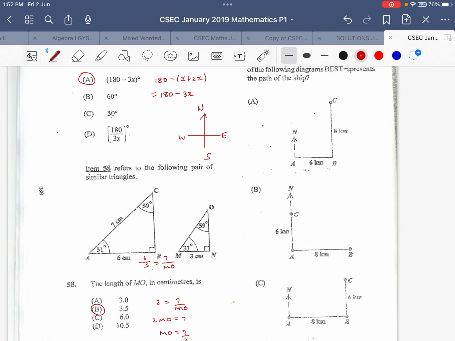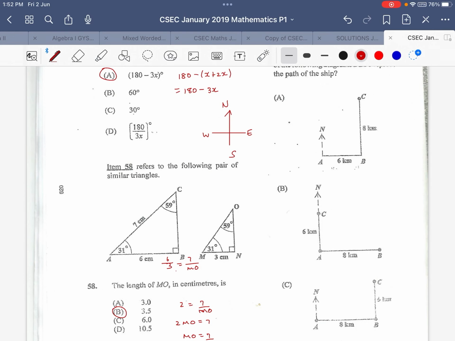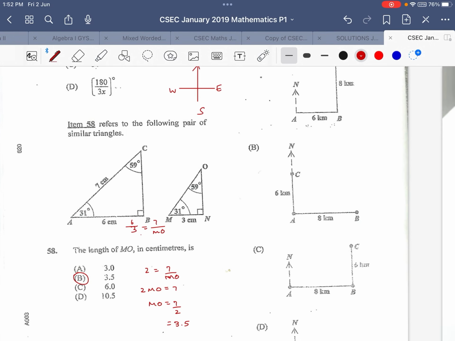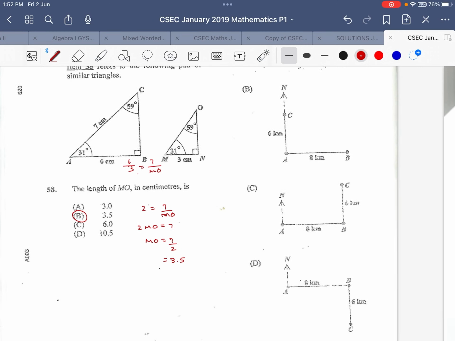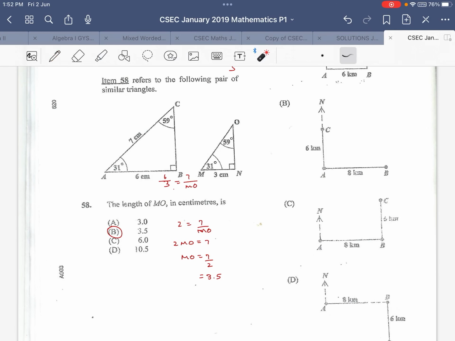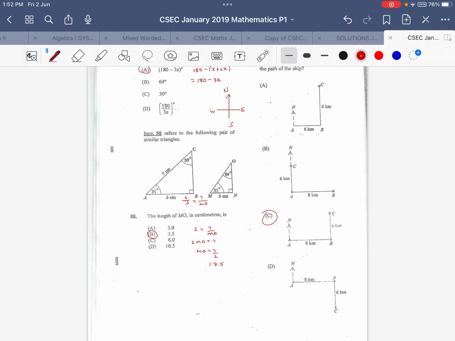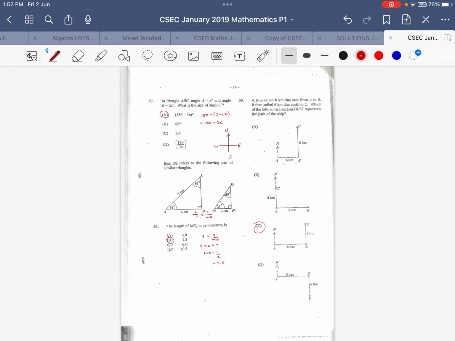So 8 kilometers due east, and then 6 kilometers due north. So that looks like this. This is north here, going 8 east and 6 north. So that answer is C, to get from A to C.